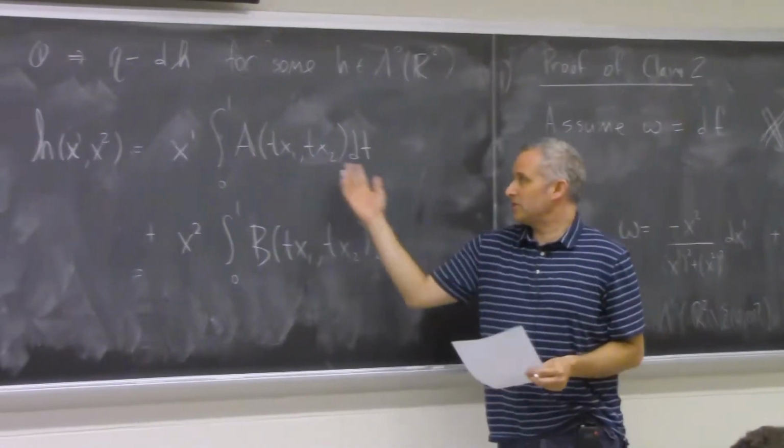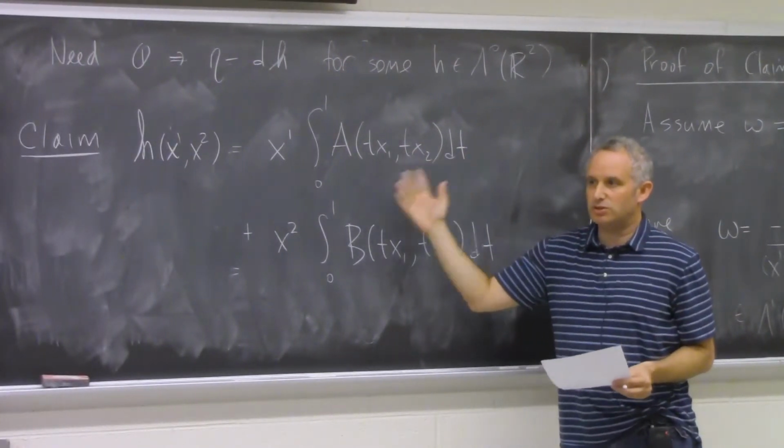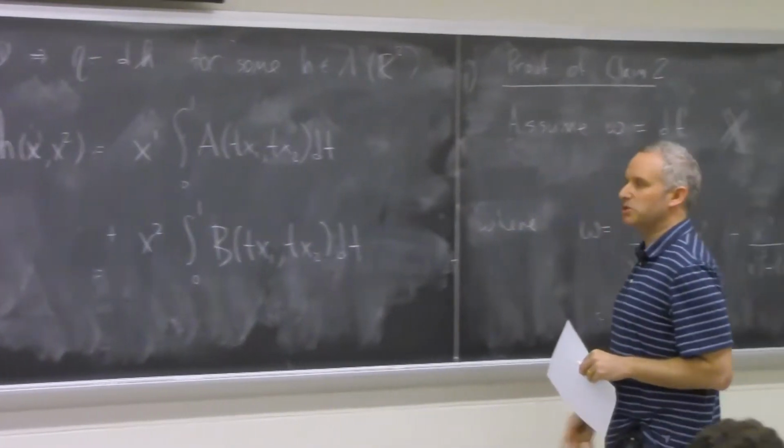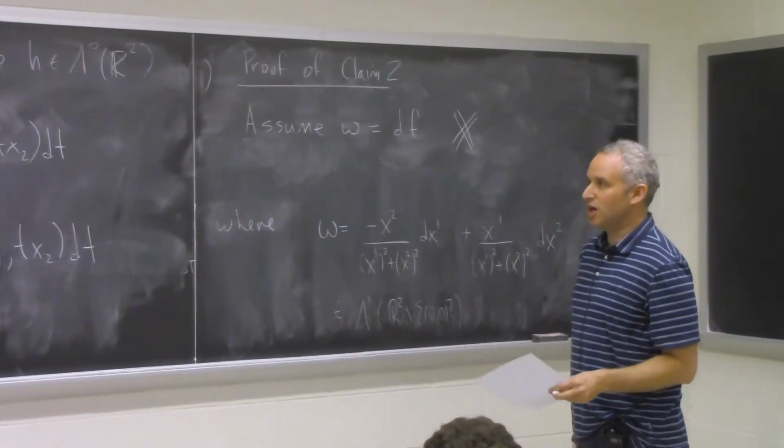Right, so if you integrate out the t's, this is a function of x1 and x2. So it's at least the right object. And it's not clear why it does the job.